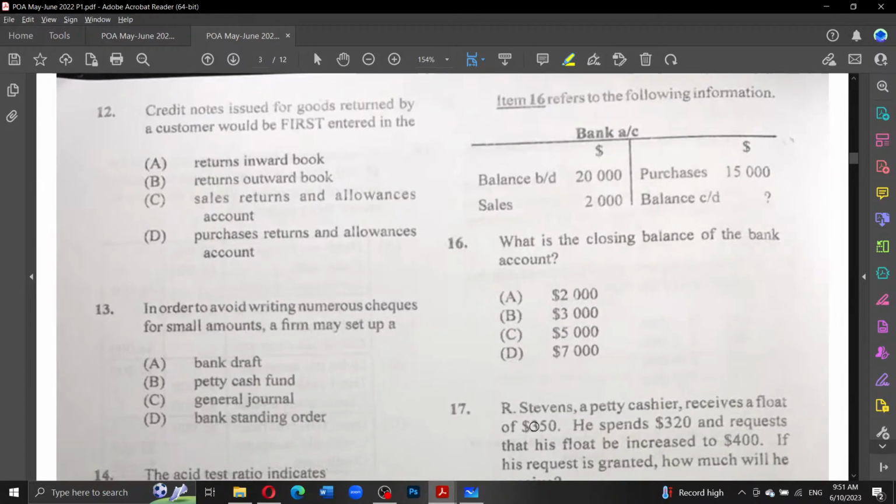Credit notes issued for goods returned by a customer would first be entered in goods returned by customer. So this here will be returns inwards or sales return.